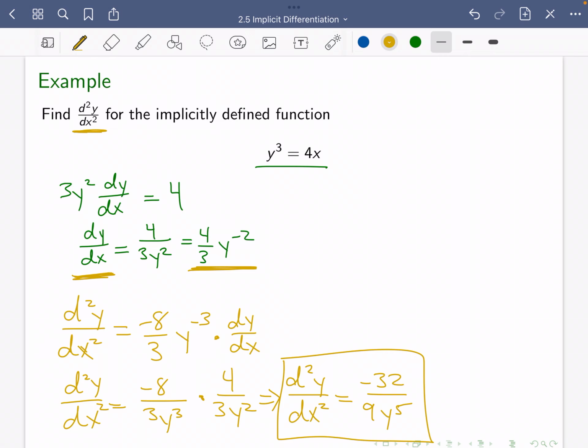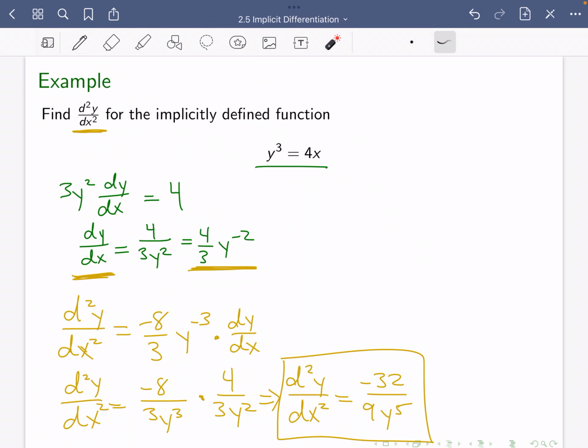Our first step required that implicit differentiation. Our second step also had some implicit differentiation, but we didn't have to go through all that work to solve for dy/dx or for that second derivative, because we went through that in the first step. So we don't have to isolate it on one side. It should already be isolated on one side.